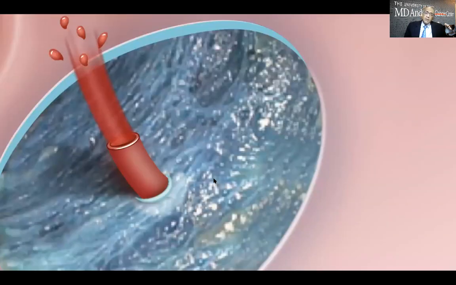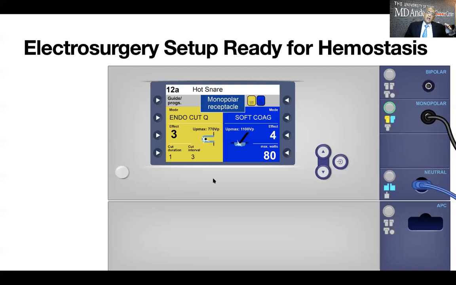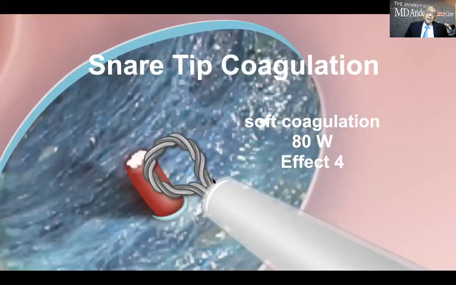So say, for example, you cut and there's a vessel that's bleeding, and your snare is still in the field. You don't have to change the settings. You already set it up. You have the soft coagulation ready, and you can apply that soft coagulation with the snare to the vessel, and you could coagulate small vessels very easily.